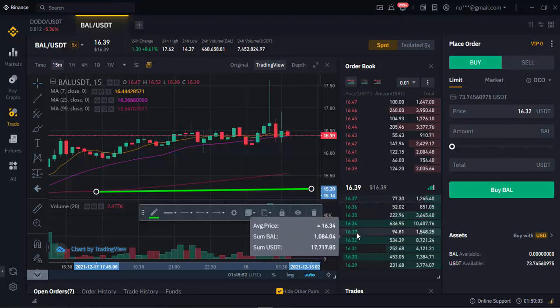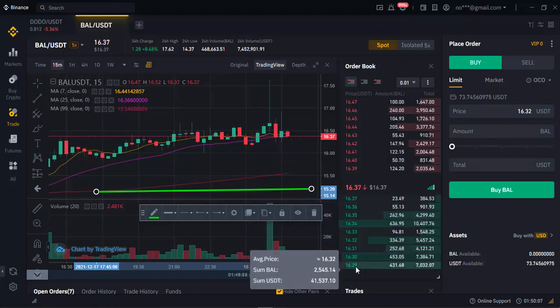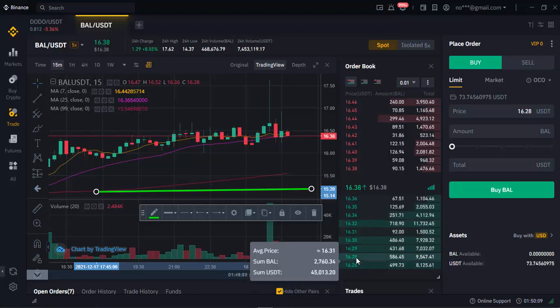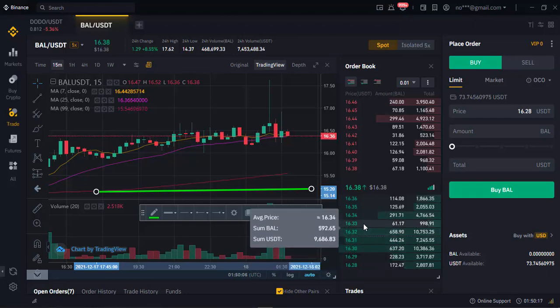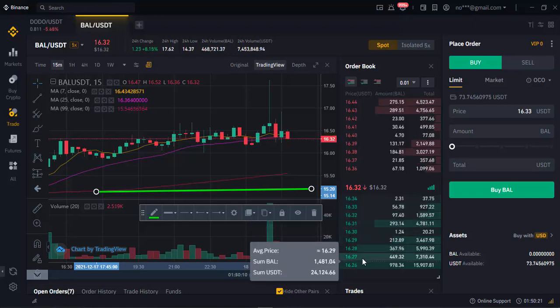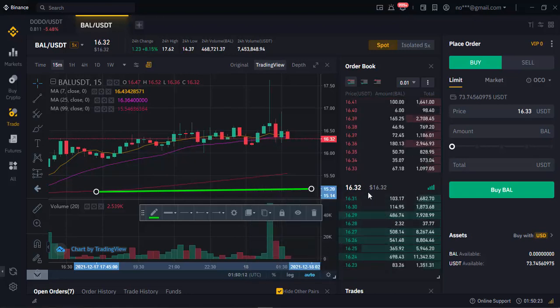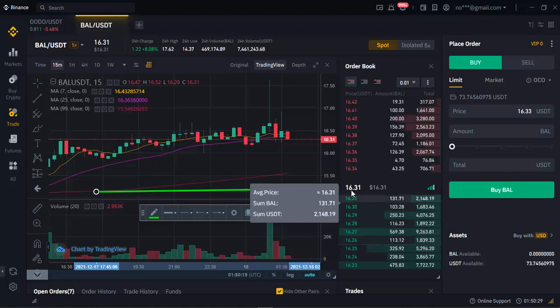So you don't have to type it by yourself. If you want to make use of the prices people are buying at already, all you need to do is click on it. So let's make use of, let's say 33, or if 33 is not going to, okay, 32. Let's make use of something that will execute immediately when we place it.